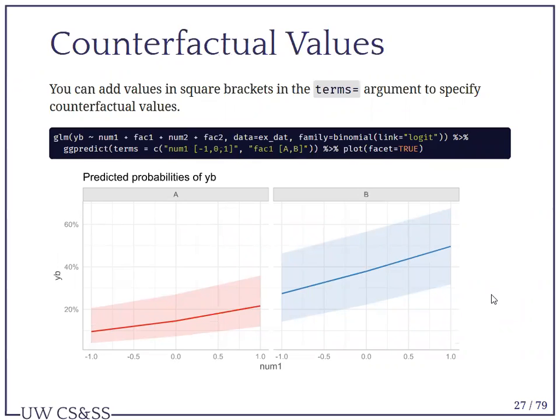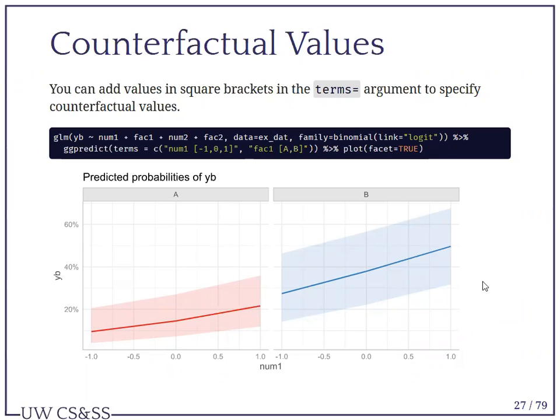Let's talk about counterfactual values for a second. You can add values in square brackets in the terms equals argument to specify counterfactual values. So here, these values may or may not exist in the data, or might just be the ones that we're interested in.